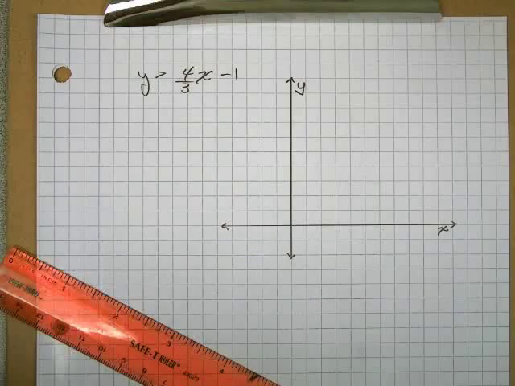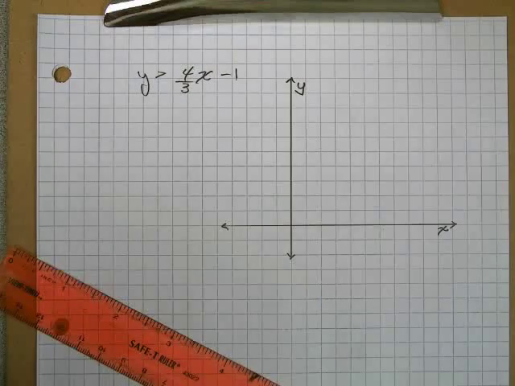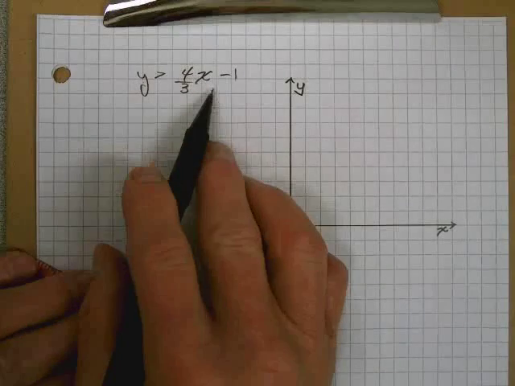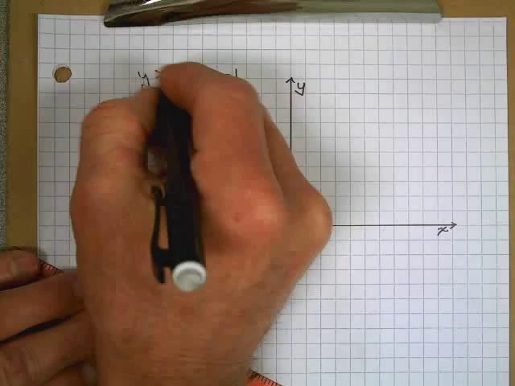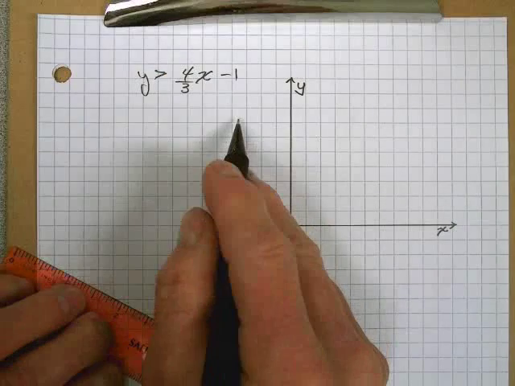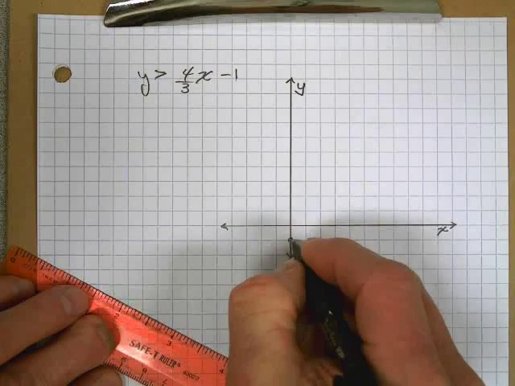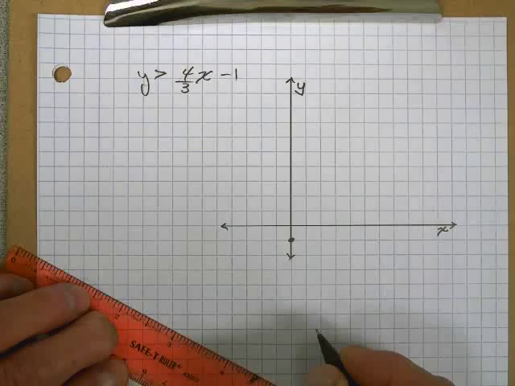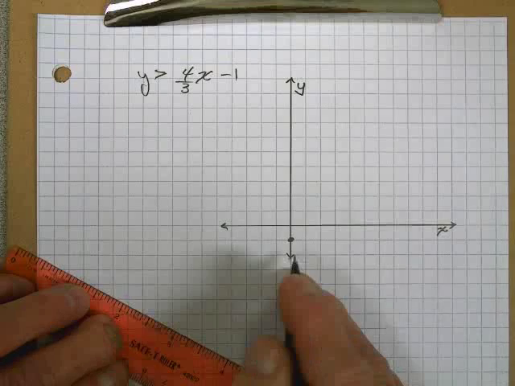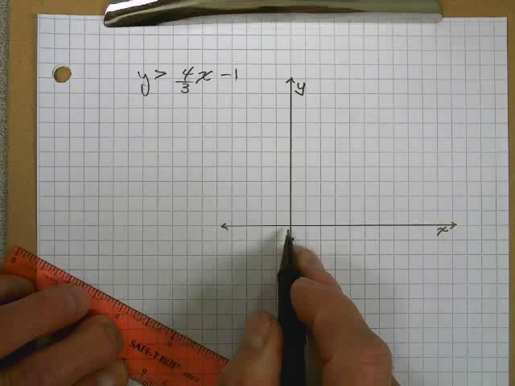Next, we're going to plot the point that is the y-intercept. We look at our inequality in slope-intercept form, and we recognize that the y-intercept is -1. So we'll plot a point at -1 on the y-axis, and that identifies our y-intercept.